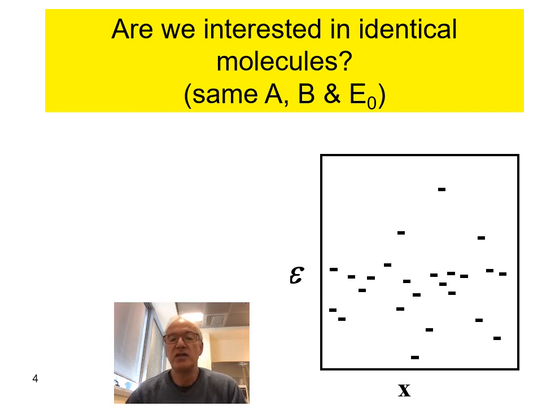So far we have discussed two identical molecules, the A and B and the E naught, as we said previously. But really the system we are interested in is not this one, because we have a charge that is hopping in a disordered, if you like, material.